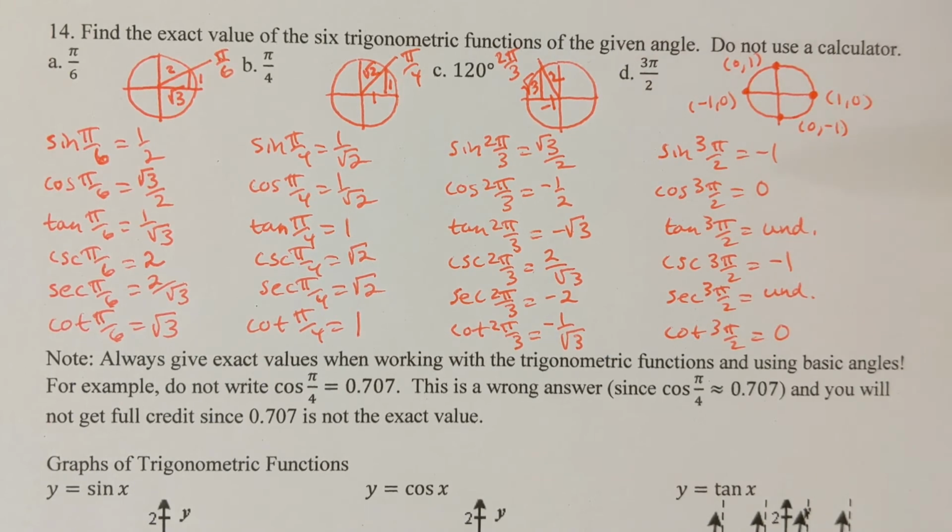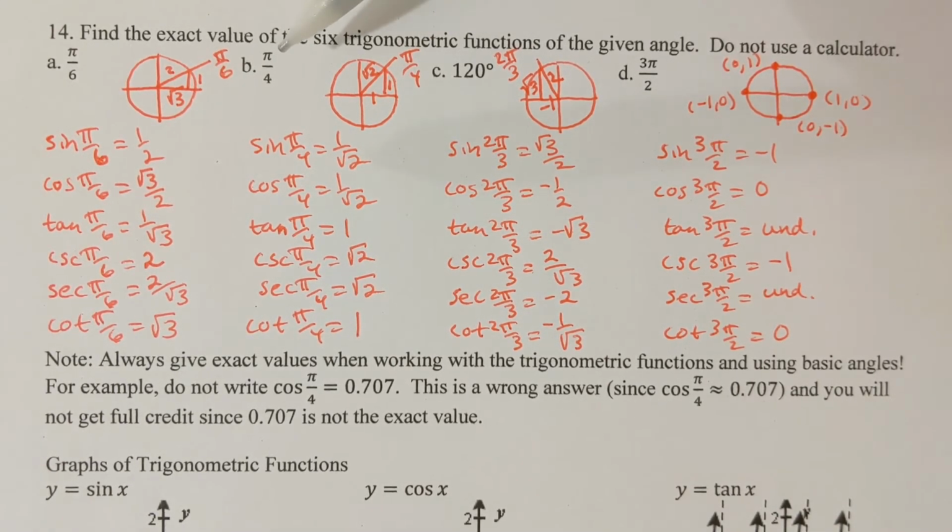If I wanted to convert an angle that is in radian measure to degree measure, I would multiply by 180 over pi. So pi over 4 times 180 over pi, the pi's cancel. 180 divided by 4 would be 45 if you reduce that. So here'd be a 45-degree angle that we'd be working with.